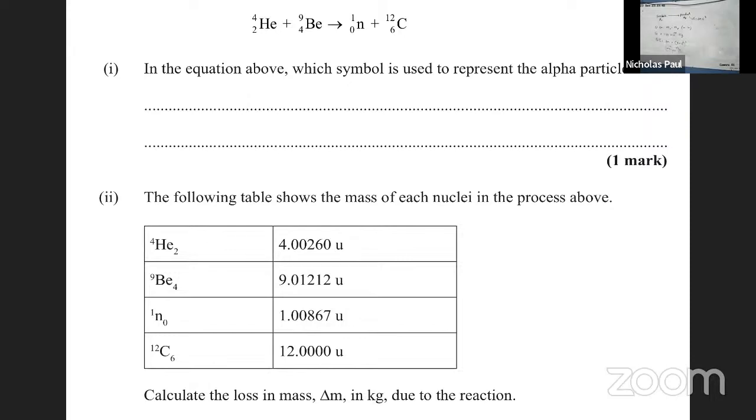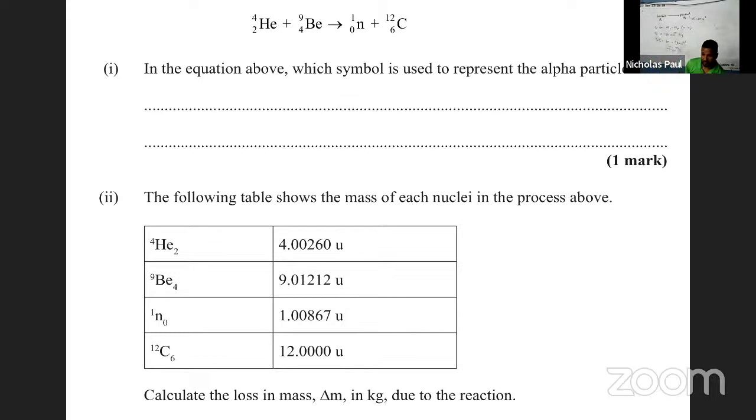They give you the reaction there, so you know what the reactants and products are. All the values are in u, so you have to convert.